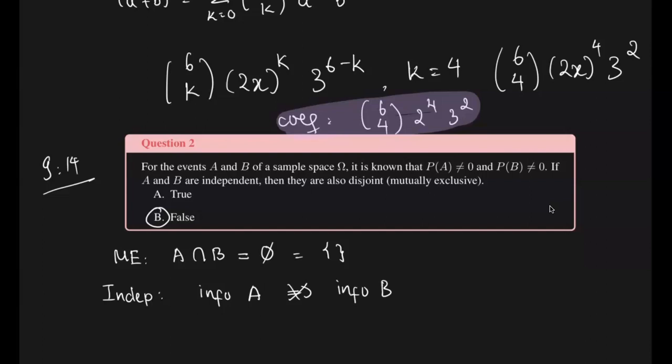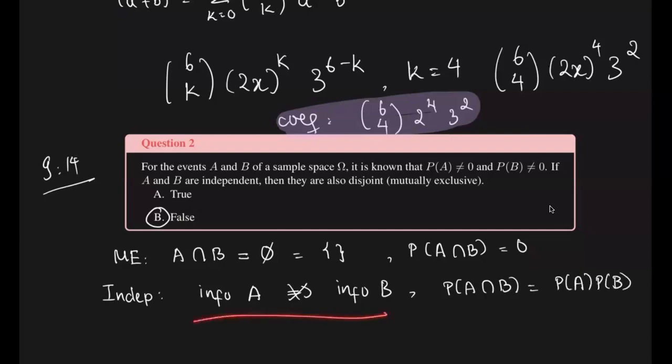So for the mutually exclusive and independent question, sometimes you should think about the definition more than just dealing with formula. In terms of formula, for mutually exclusive, we have probability of A intersect B will be 0. And for independent events, we will have probability of A intersect B is the product of the probabilities.